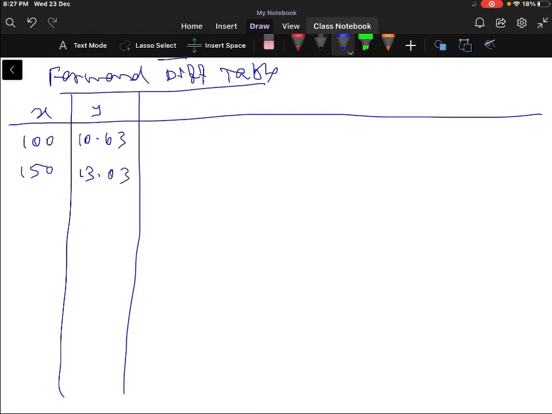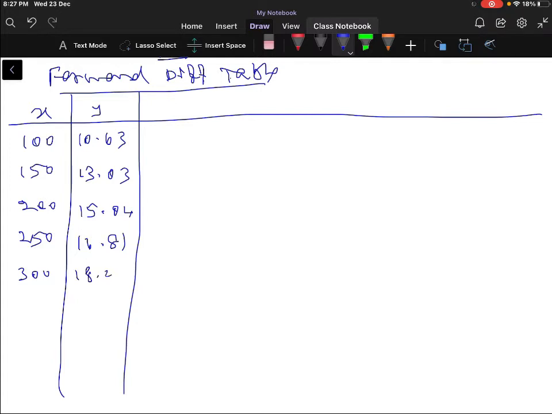For 150, that y value is 13.03. For 200, that y value is 15.04. For 250, that y value is 16.81.